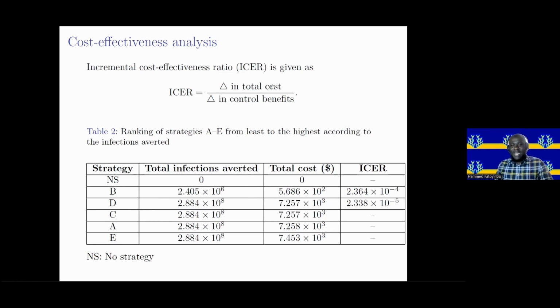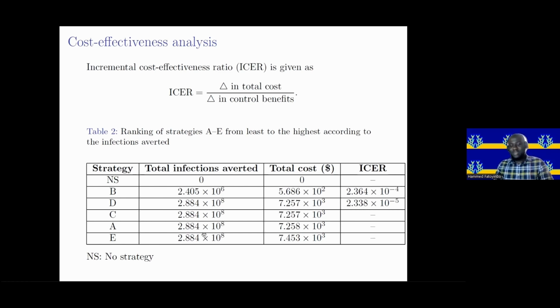Applying the ICER formula here, we first compare strategy B with when there is no strategy. The ICER value is this in the last column here. Also, we compared strategy D and strategy B, and we've got this ICER value here. The dash value here is there because we never consider the ICER for the case of C with D or A with D, because they have the same total infections averted.